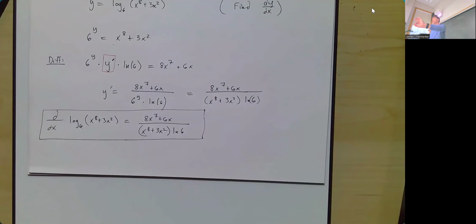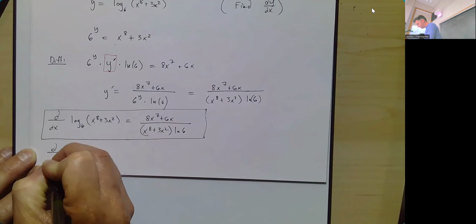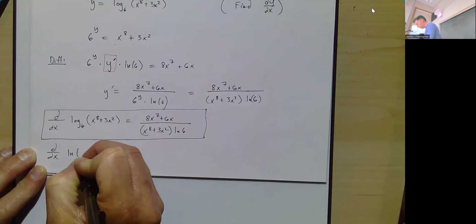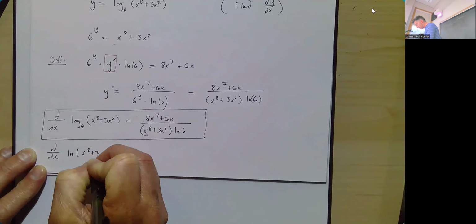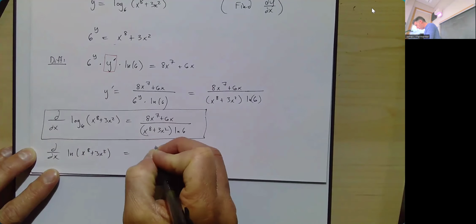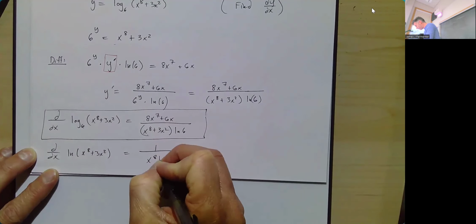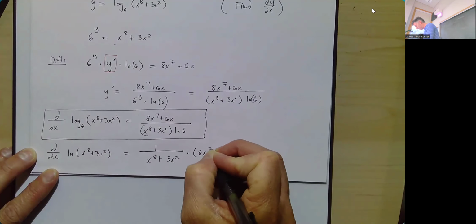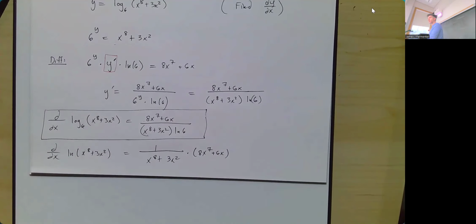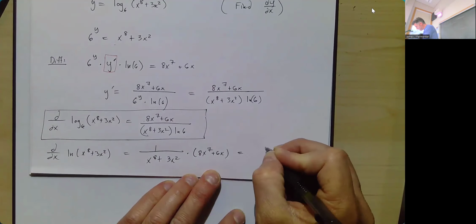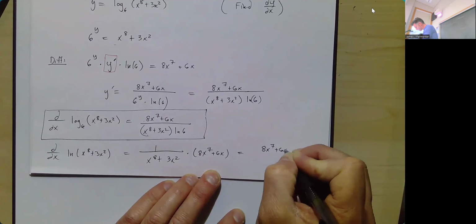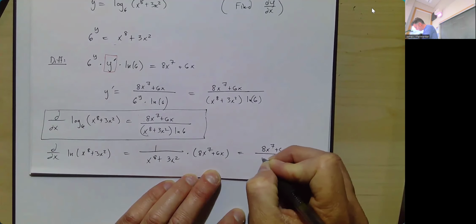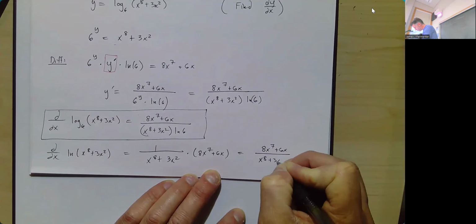Let me show you something to compare it to before we get too into the weeds here. If I was to take the derivative of, say, the natural log of x to the 8th plus 3x squared, it would be 1 over the stuff times the derivative of the stuff. And then I would write that as 8x to the 7th plus 6x divided by x to the 8th plus 3x squared.